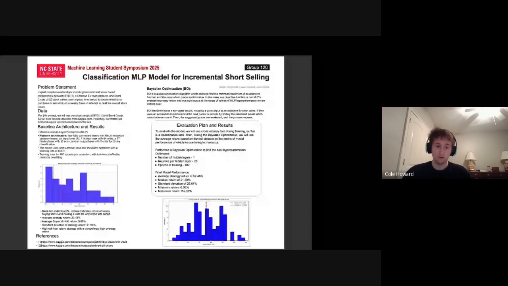Whereas before it got an average return of about 20%, it's getting closer to about 50% on average now. We also have roughly the same standard deviation, but the minimum is significantly higher compared to the first model, and a significantly higher maximum return as well.